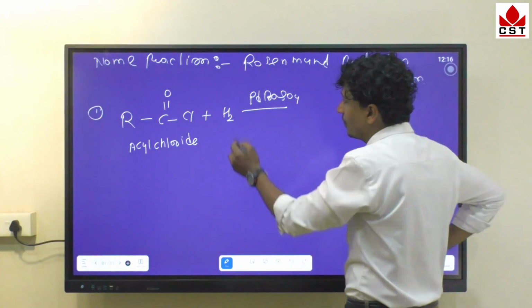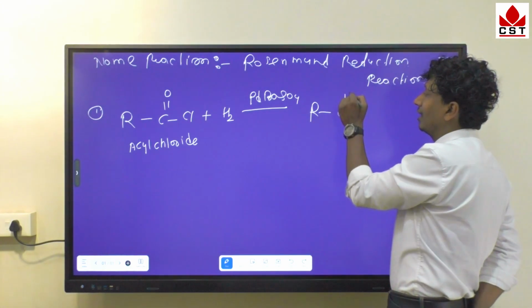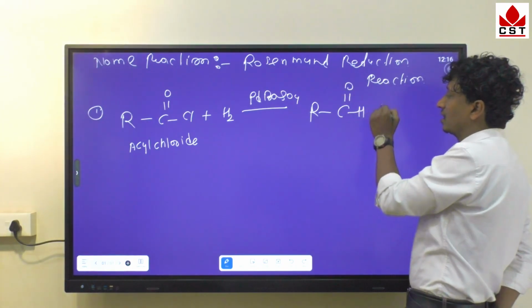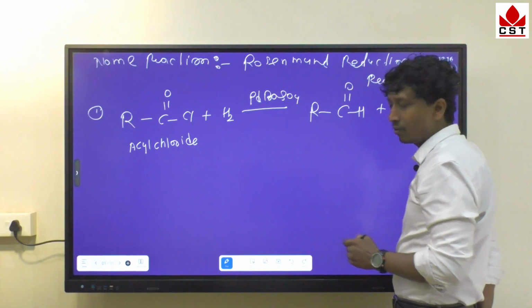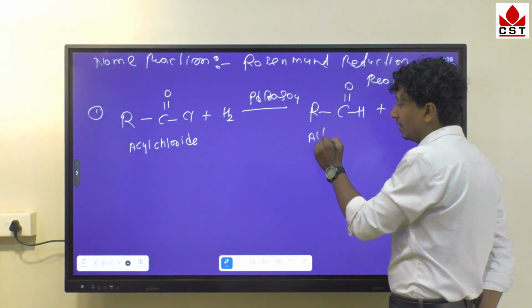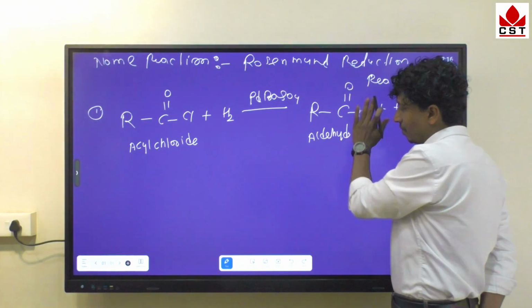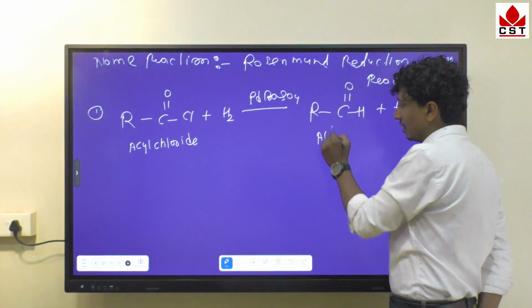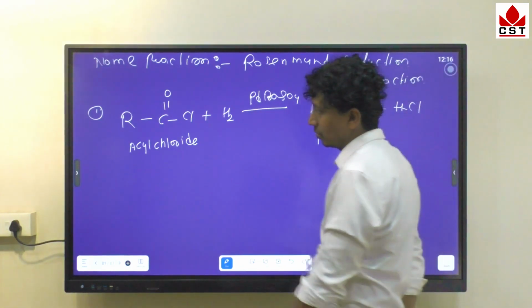One hydrogen goes with the chlorine and 1 hydrogen to the carbonyl carbon, C double bond OH. In the reaction there is a loss of HCl. RC double bond OH is the aldehyde. In general, the aldehyde is prepared from the acyl chloride.